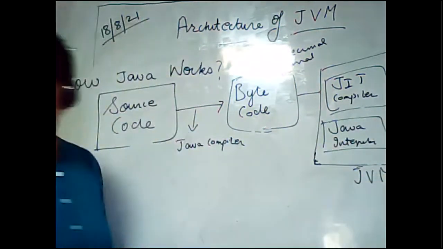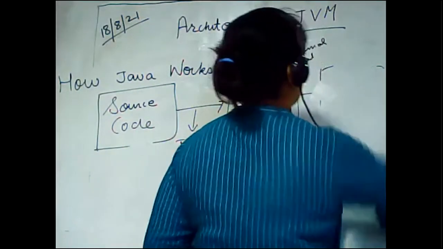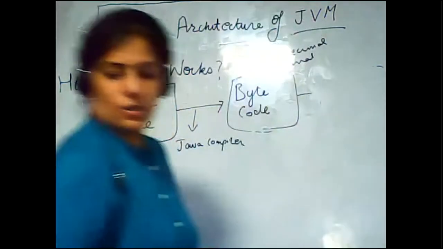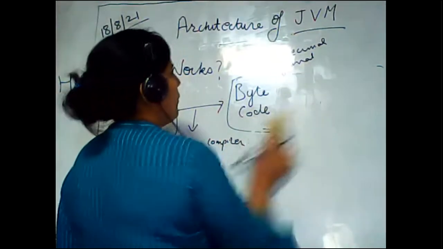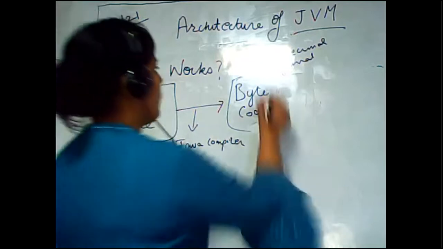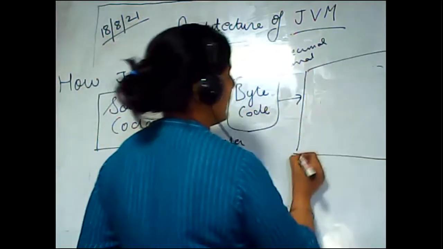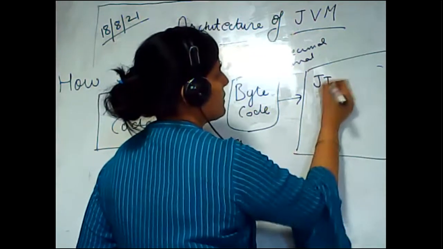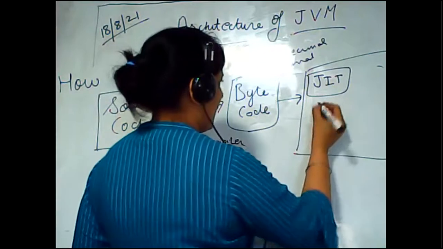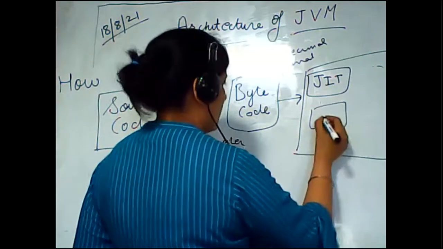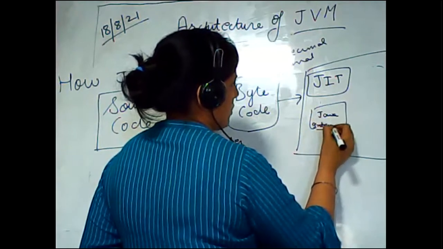Okay, so I will draw it again and write it like this. This is the bytecode available, and this bytecode will be moved to the JVM part. That JVM part again consists of two things: one is the just-in-time compiler and the other is the Java interpreter.